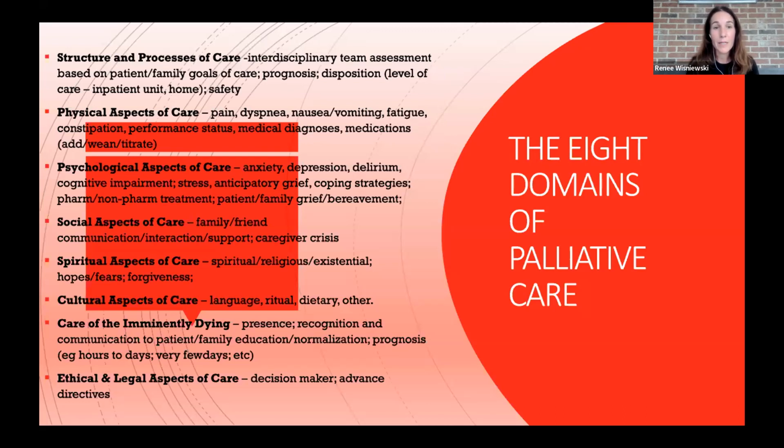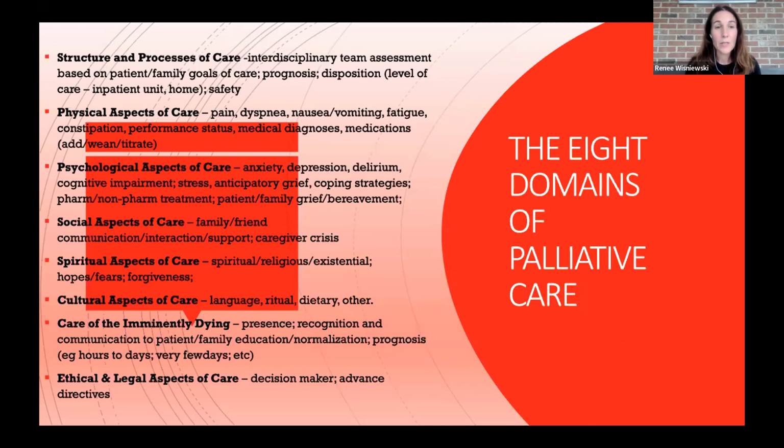Spiritual aspect of care is also addressed in palliative care, again, related to the mind-body connection. People's spiritual, religious, and existential health can impact their ability to cope with their illness, the diagnosis, and treatments. It's important to address the hopes and fears of both the patient and the family caregivers, and discuss forgiveness throughout the course of treatment.